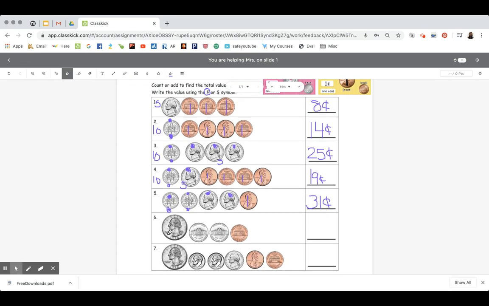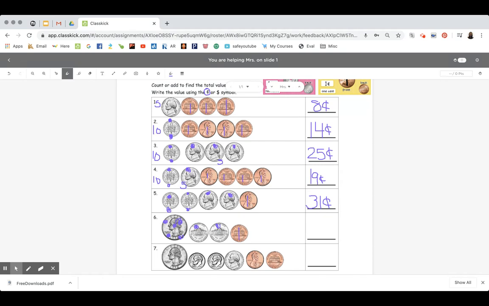Number 6. Oh, we have a big one. This is a big quarter. I'm going to put 5 dots on this one, and each of those dots, remember, is still 5. Then I have the same one here, so they're the nickels. They're just the backs of the nickels. And again, you can use the picture at the top if you need to.